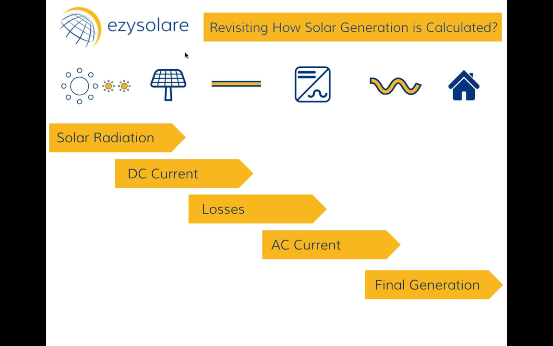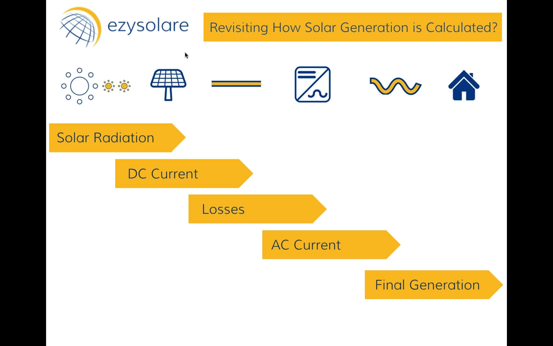Last week we had a webinar on how you calculate the solar generation of a plant. I'm just quickly revisiting the steps of that, because that is linked intricately to how exactly you monitor the performance of the plant as well. The process is pretty simple. The sun gives us solar radiation. The solar radiation falls on solar panels. The panels convert the solar radiation into DC current.